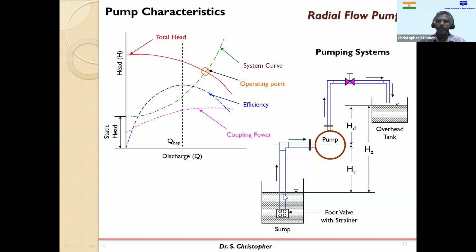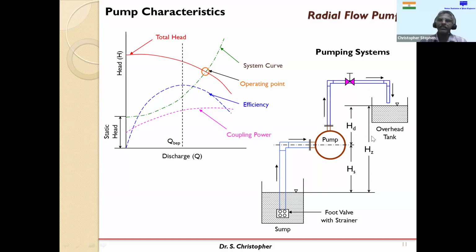Apart from that, we can see there are various pipelines connected between the pumps, the suction pipeline and delivery pipelines, and then many valves, bends, and other devices connected. That is the dynamic head. So I will repeat, the system curve is the summation of static head and dynamic head. Static head is the physical elevation from this surface to this surface, from the sump to the overhead tank.